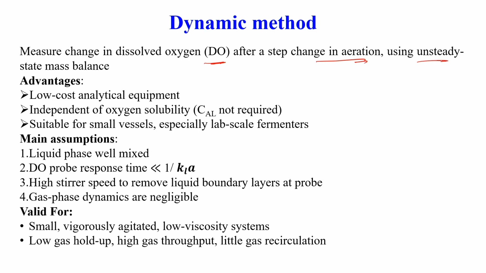So, basically it becomes an unsteady state mass balance, because we are disturbing the steady state. Here it requires low cost analytical equipment, and further it is independent of oxygen solubility. The CL star value is not required, and this method can be applied even for a small bioreactor, particularly at the lab scale.